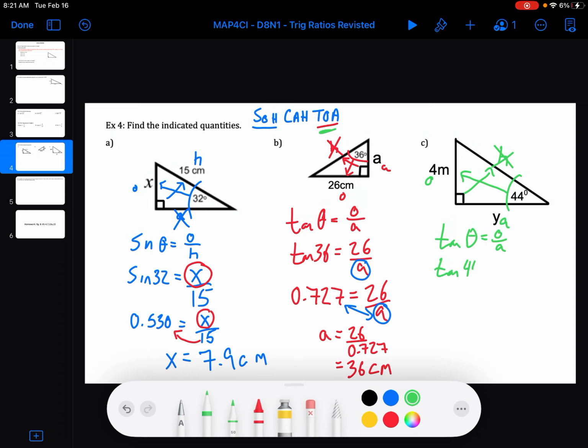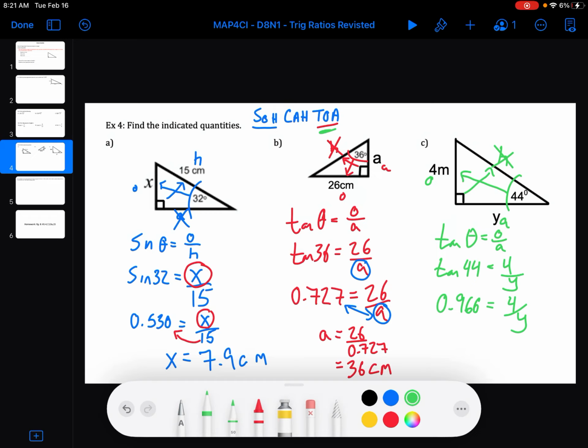So tan 44 is 4 over y. We're going to switch those two. So I'll put tan 44 into my calculator first. So you get 0.966. And again, you can leave these numbers all in your calculator, but if you were to just round them to 3 decimals, that's okay too.